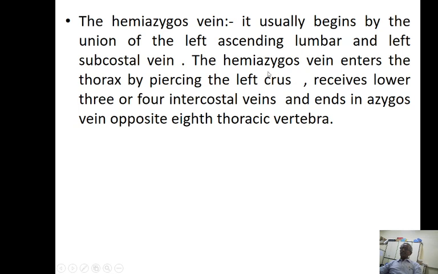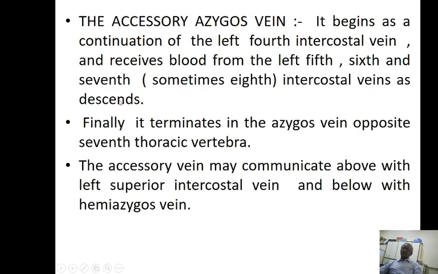It enters the thorax by piercing the left crus, receives the lower 3 or 4 intercostal veins and ends in the azygos vein opposite the 8th thoracic vertebra, whereas the accessory azygos vein enters the azygos vein opposite the 7th thoracic vertebra.